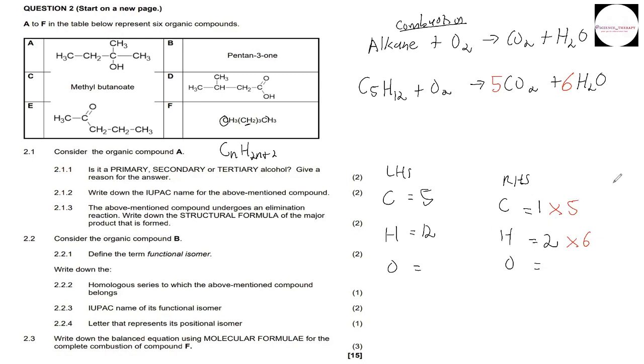And then how many oxygens do I have? Left-hand side, 2. And then right-hand side, let's calculate. That's 5 times 2, 10. And then 6 times 1 is 6. So 10 and 6, that's 16. Right. Now, what integer value can I multiply to oxygen so that I get 16?